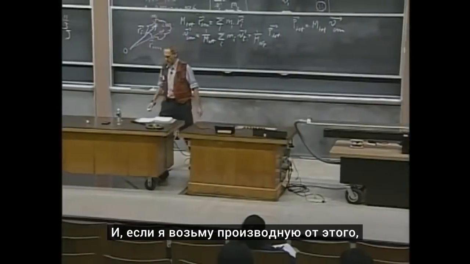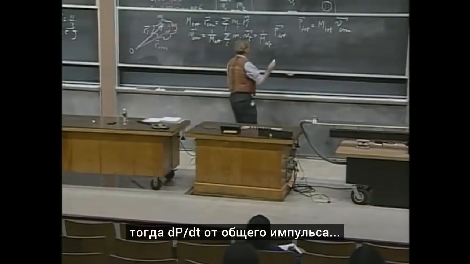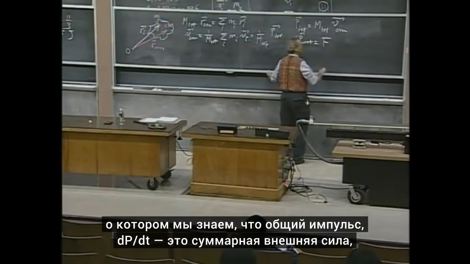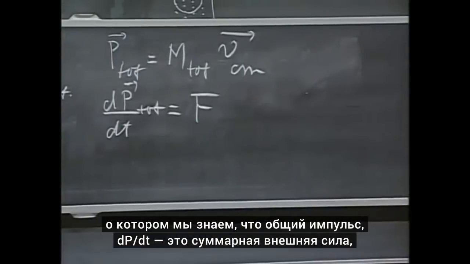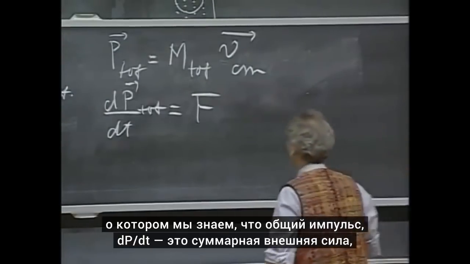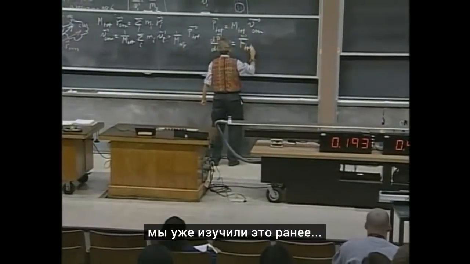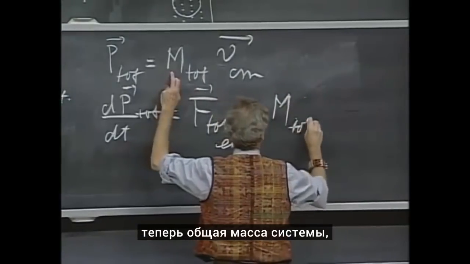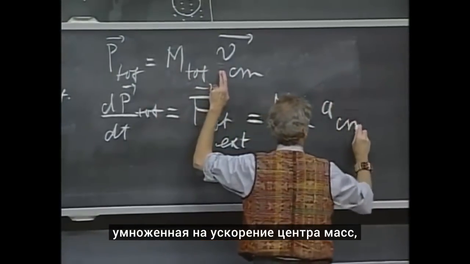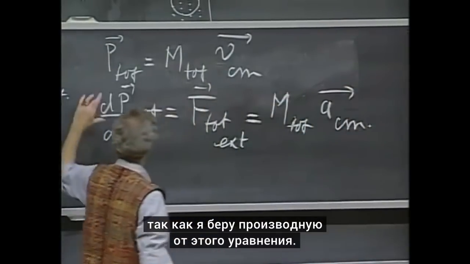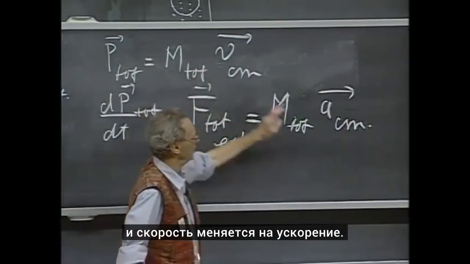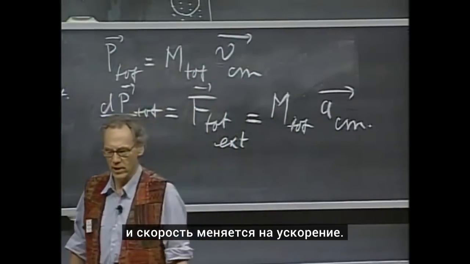And if I take the derivative of this, then dp/dt of the total momentum, of which we learned that dp/dt is the total external force, we already learned that earlier, that now is the total mass of the system times the acceleration of the center of mass, because I take the derivative of this equation, that gives me the dt here, and the velocity changes to acceleration.